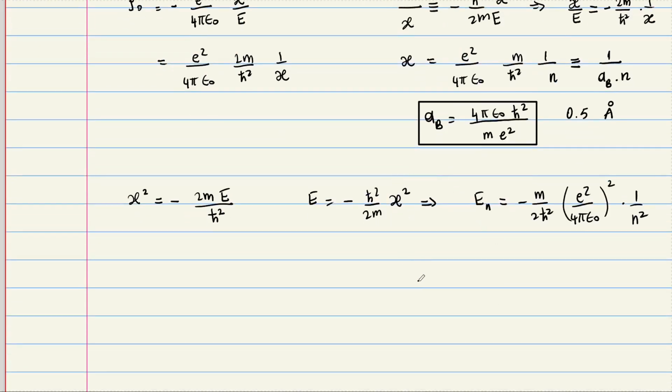And this becomes, let me write it in a cleaner form. m is a number, h bar, e squared, all of these things are numbers. If you convert it into electron volts, what you are going to find is this is 13.6 electron volt divided by n squared.